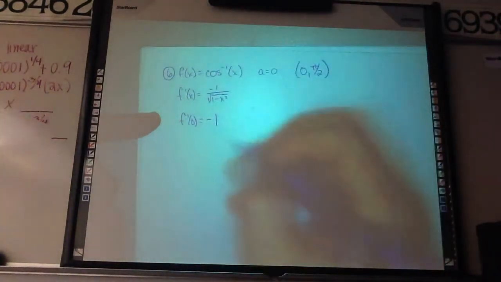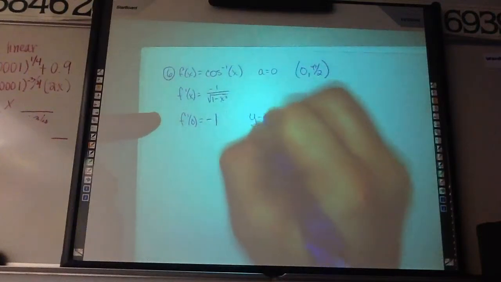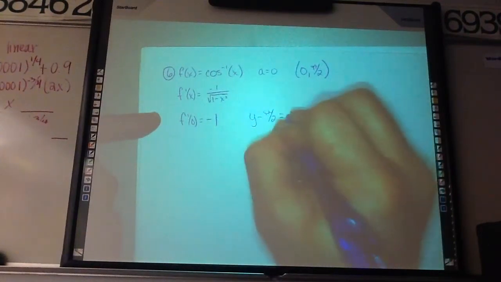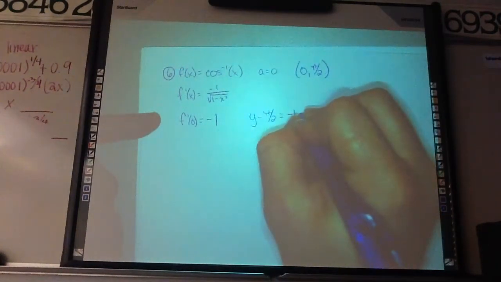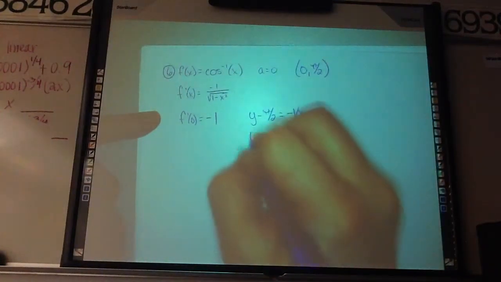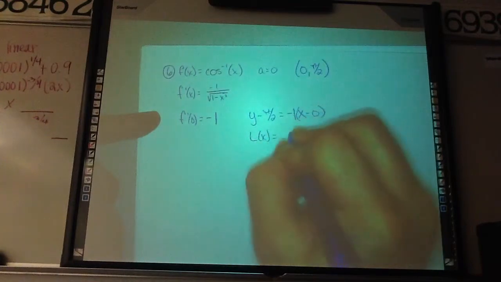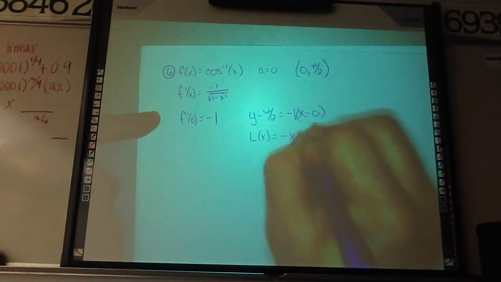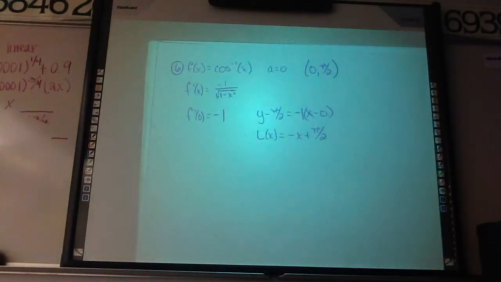So your slope's -1. So you get y minus pi over 2 equals -1 times x minus 0. So basically you got -x plus pi over 2. I stopped once I got the slope.